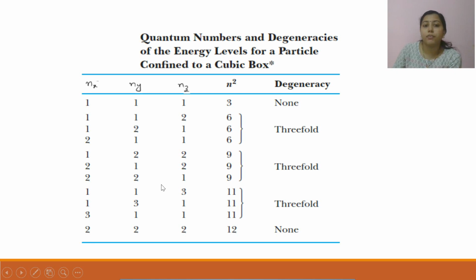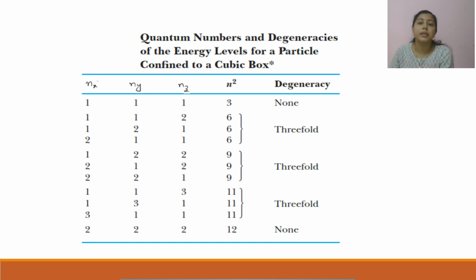Similarly, psi 122, psi 212, psi 221, and again psi 113, psi 131, psi 311 are also threefold degenerate states. And finally, when nx equals ny equals nz equals 2, that is, when the three quantum numbers are the same, psi 222, similar to the first one, again it is a non-degenerate state.